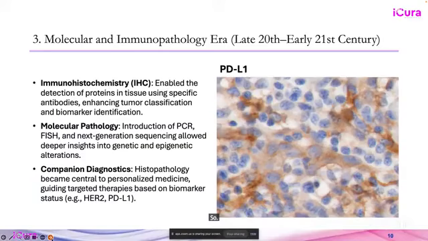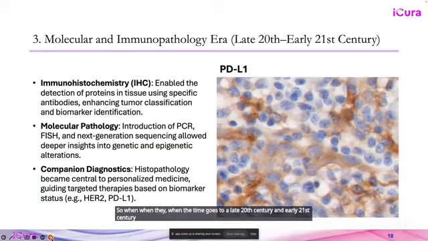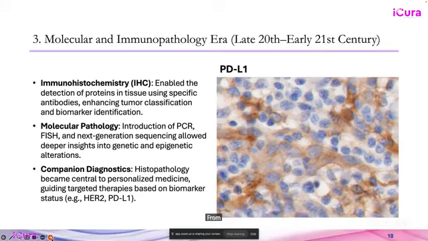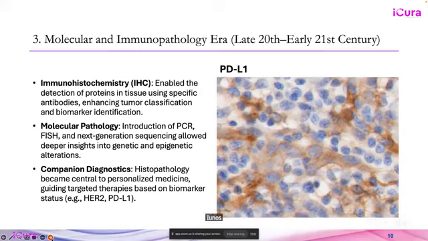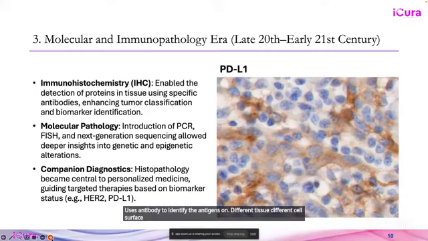When we get to the late 20th century and early 21st century, especially starting from the 1970s, for the staining part, in addition to hematoxylin and eosin, the pink and blue we just mentioned, immunohistochemistry was introduced. This technology uses antibodies to identify antigens on different tissues, on cell surface markers, or sometimes intracellular markers.